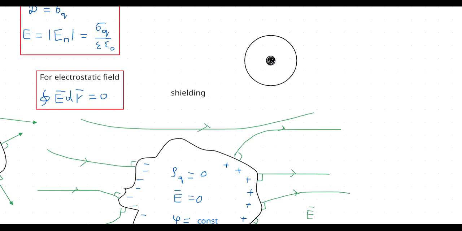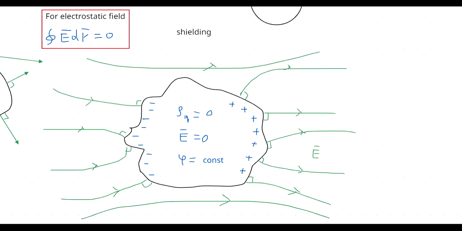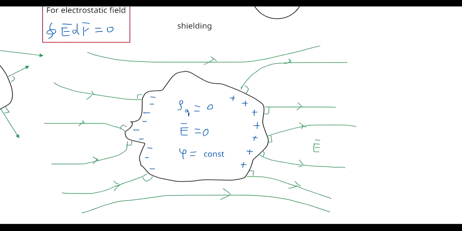Okay, and here it is shown that electric charges on surface of conductor are redistributed, and such redistribution of electric charges on surface of conductor inside external electrostatic field is known as electric induction.